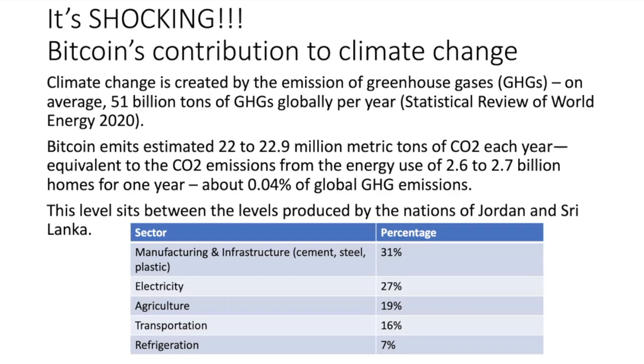So Bitcoin, by comparison, and again I'm just talking about Bitcoin specifically, emits an estimated 22 to 22.9 million metric tons of CO2 out of the billions of tons of greenhouse gases emitted globally per year.